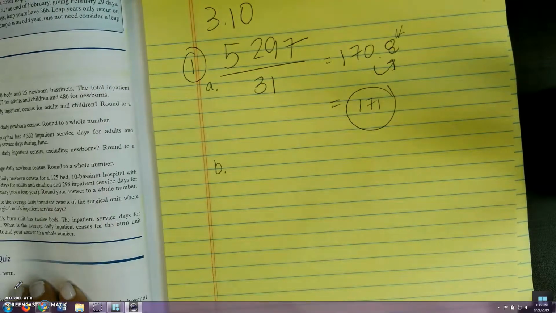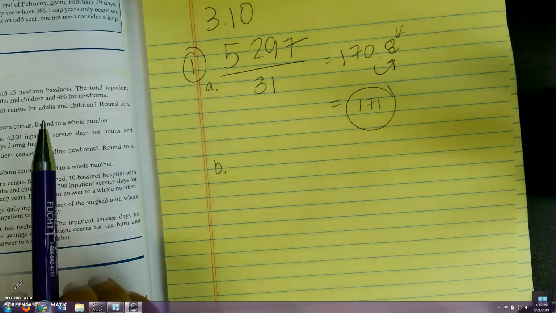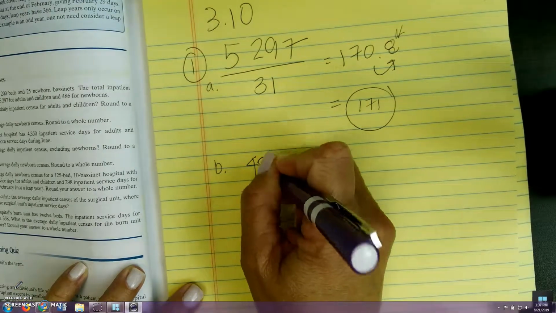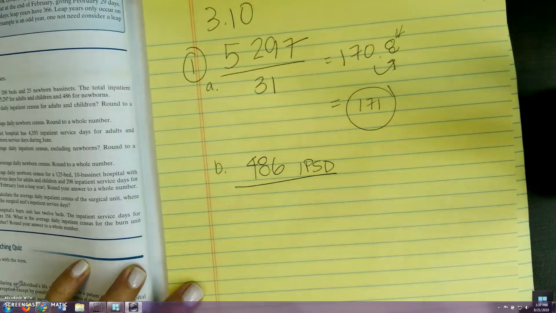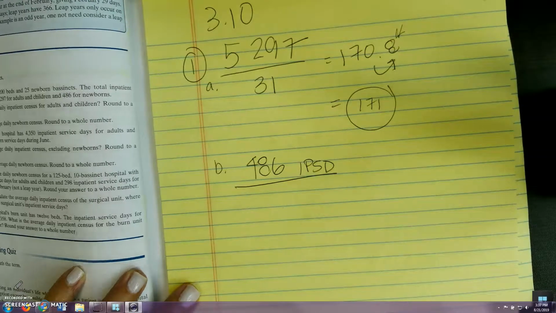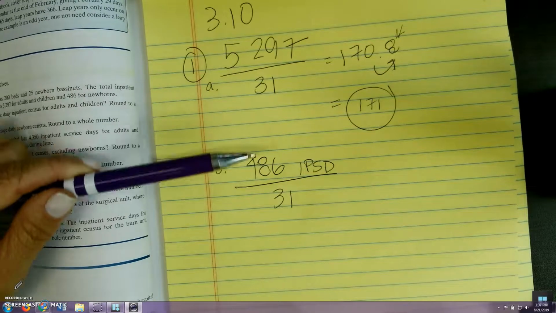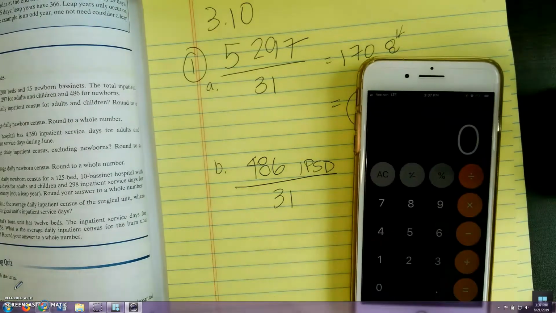Your problem tells us that it is 486 inpatient service days. Over that is the total number of days in the period, and it's still May. That doesn't change. You can see where this can fall apart pretty quickly if you're using the wrong number as your bottom number.